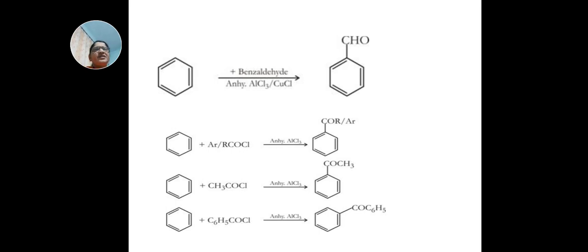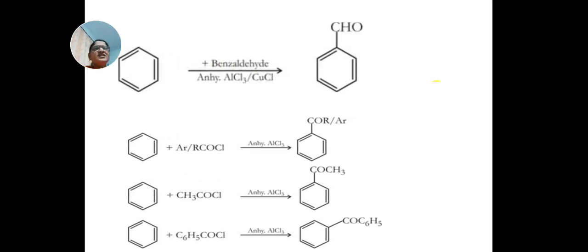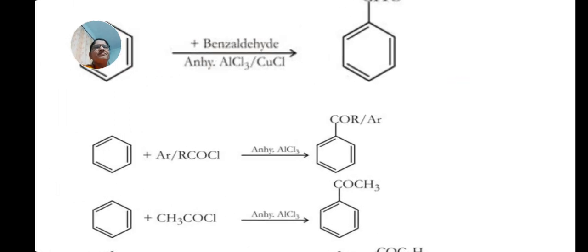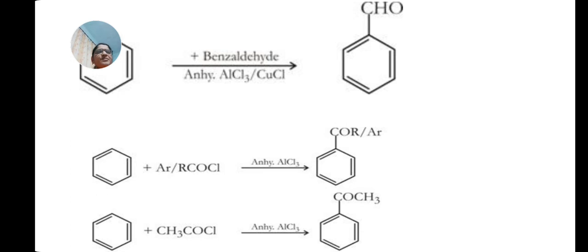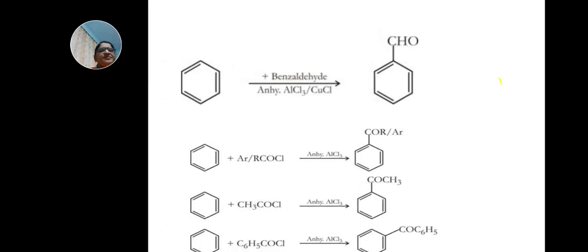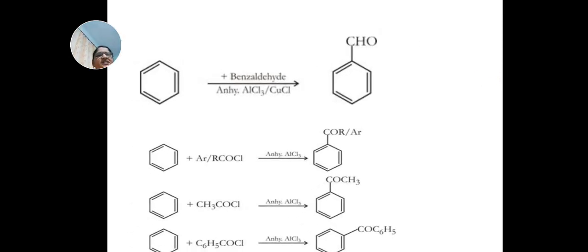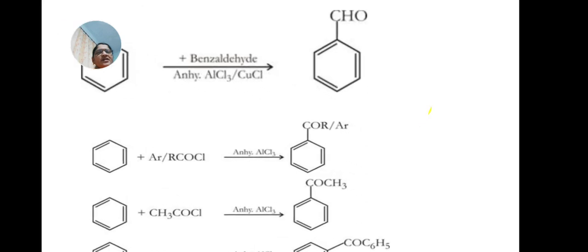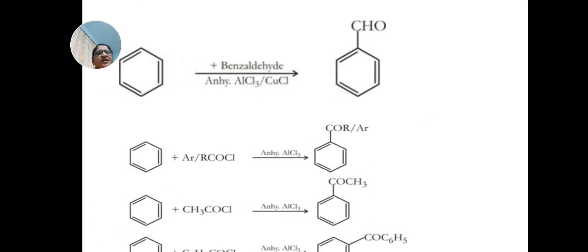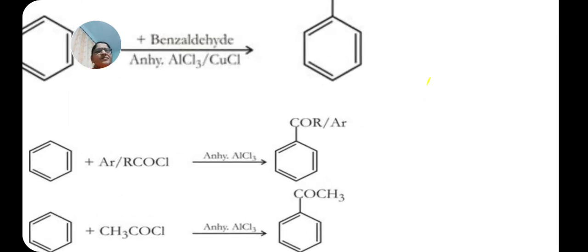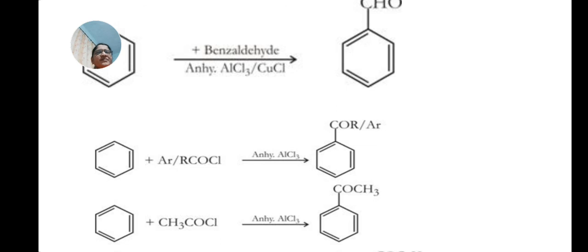Then the next example is the benzene nucleus. If it reacts with benzaldehyde in presence of anhydrous aluminum chloride, it gives an aldehyde. Then benzene again reacts with acetyl chloride in presence of anhydrous aluminum chloride and gives an aromatic ketone.